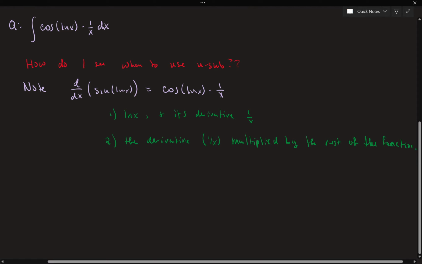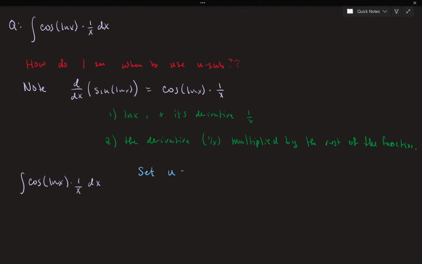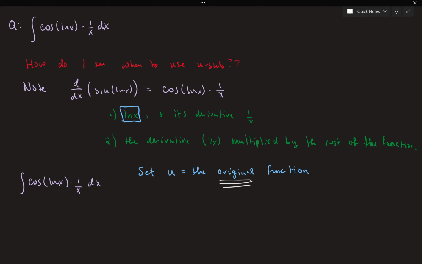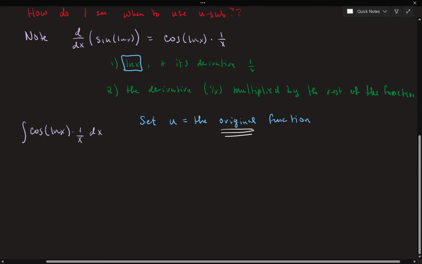So now, to do the integral of cosine ln x times 1 over x dx, what I do is I set my u equal to the original function. That original function from number 1 up here. The one whose derivative is there. Not the derivative. I don't let it be 1 over x. I let it be the original function whose derivative I also see. So here's how it works.